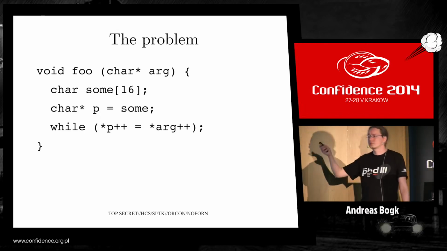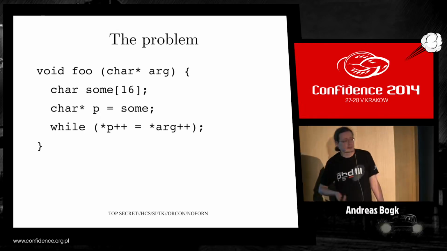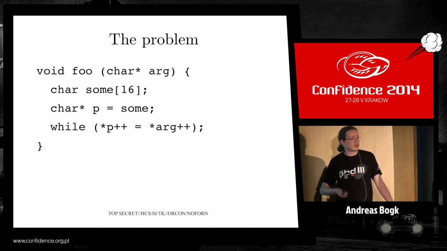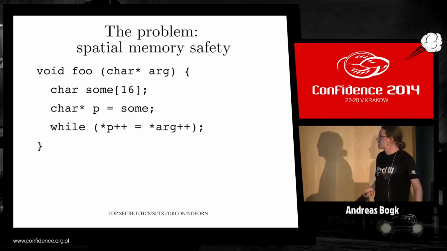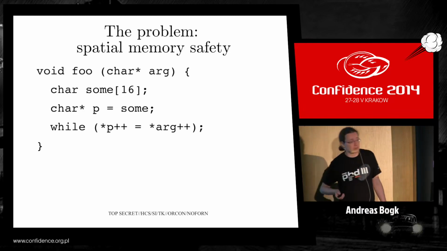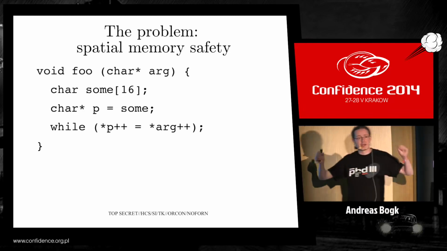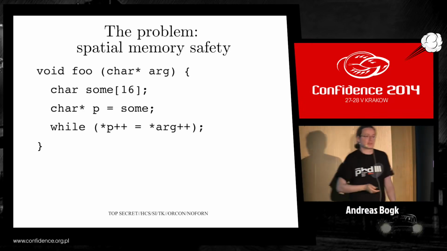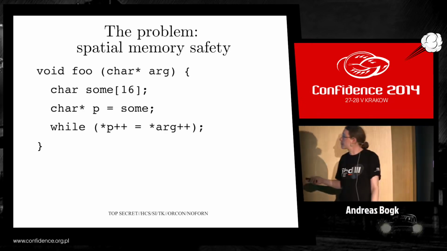You can write into a memory area where you're not supposed to write to. And that's something that hackers call a buffer overflow, maybe a stack overflow or heap overflow, depending on where it is. So science calls the problem spatial memory safety, because in memory space, you write into the wrong part of memory space. And by doing that, you can exploit it in a lot of fancy ways.